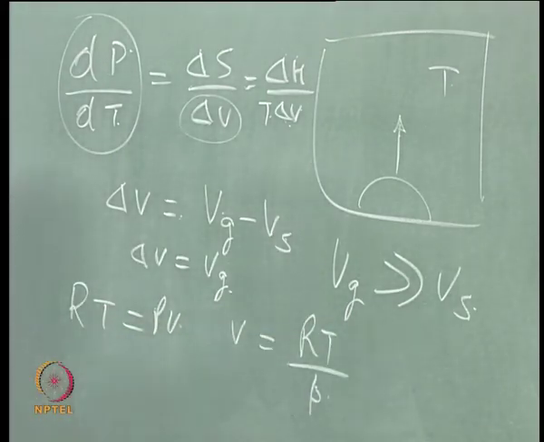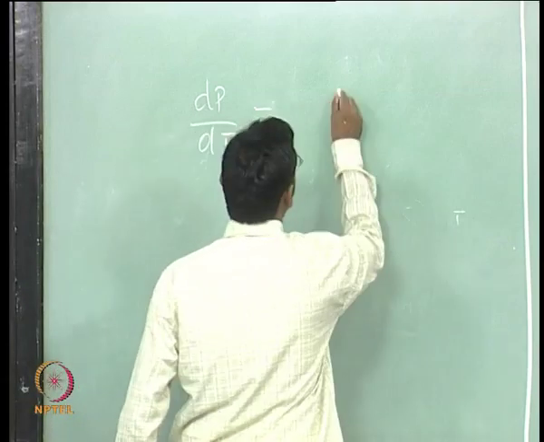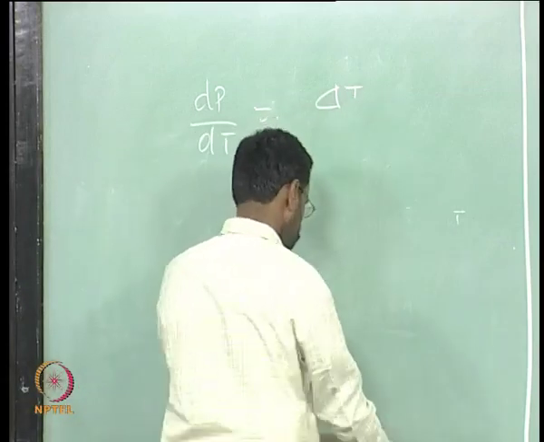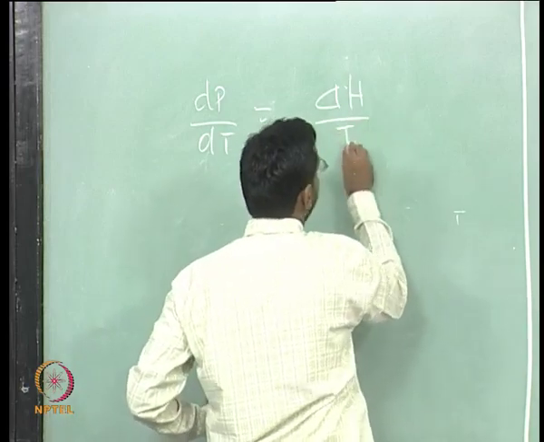If you do that, we can write dP by dT as equivalent to delta H by T, this remains the same.